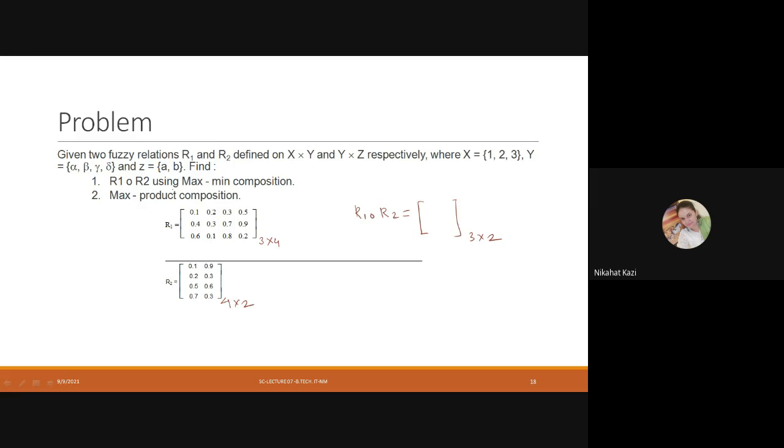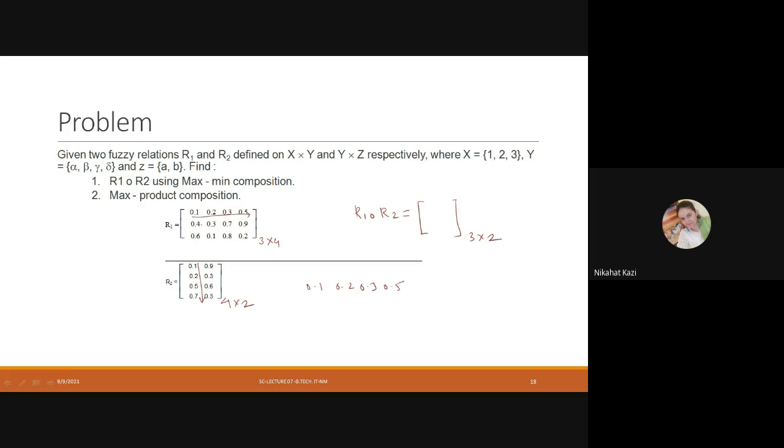So max min first, quickly. This is the row, right? This column. You have to take out the min, right? So 0.1, then 0.2, then 0.3, and then 0.5. These are the min values.